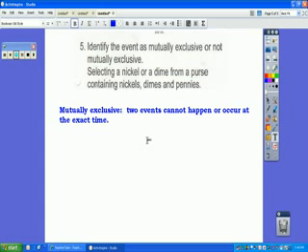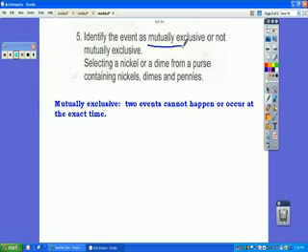If I'm selecting a nickel or a dime from a purse that contains nickels, dimes, and pennies, that means I can only select one coin, which makes this mutually exclusive. If I could select more than one coin, it would not be mutually exclusive. Therefore, my answer is mutually exclusive because I can only select one coin from a purse that contains nickels, dimes, and pennies.